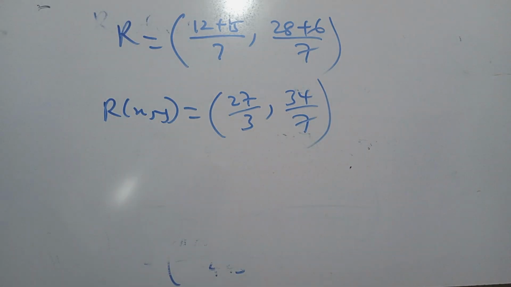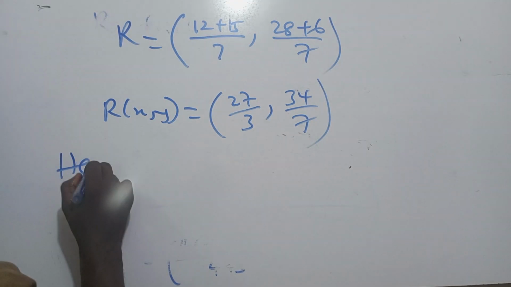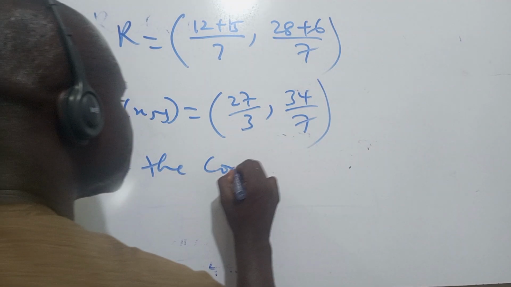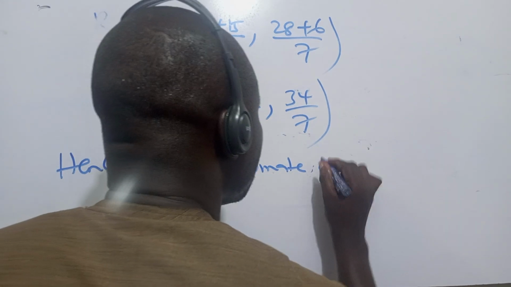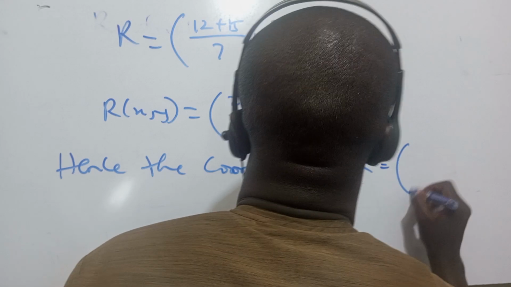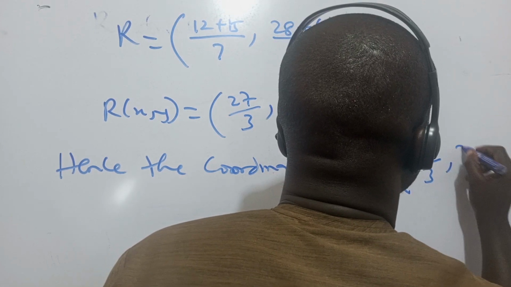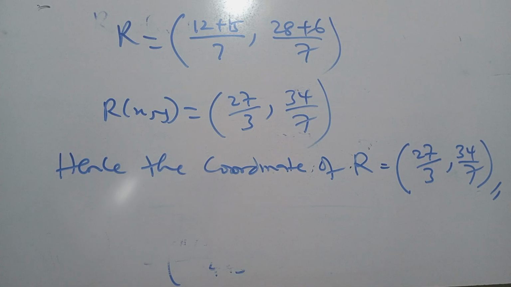Hence the coordinate of R is 27 over 7, comma, 34 over 7, when we have the division of a line in a given ratio.